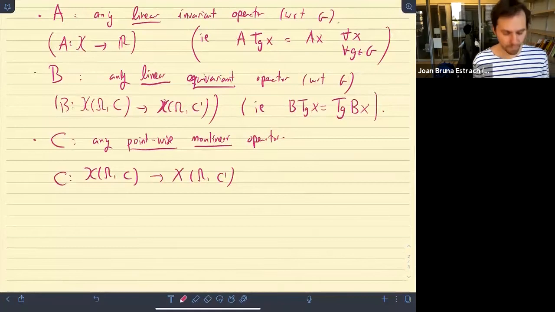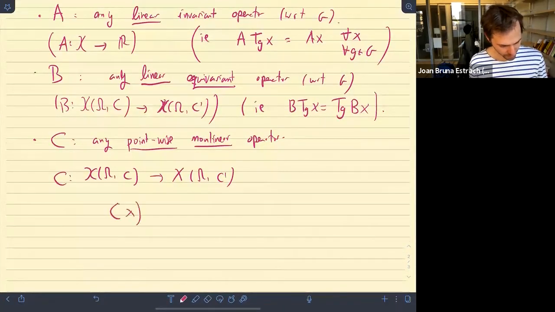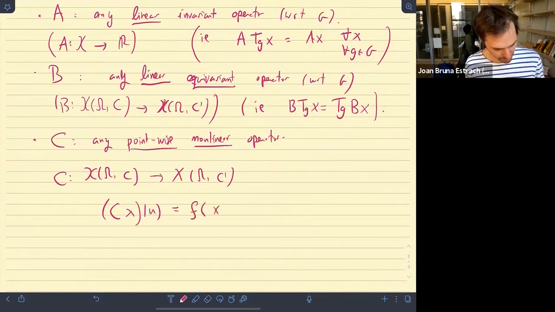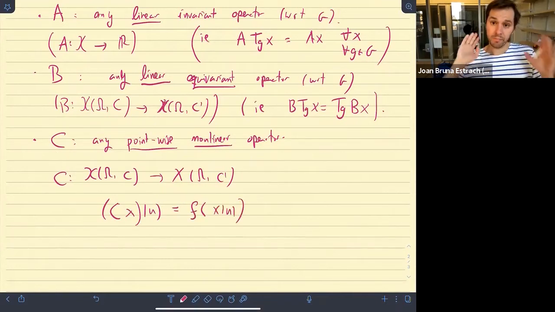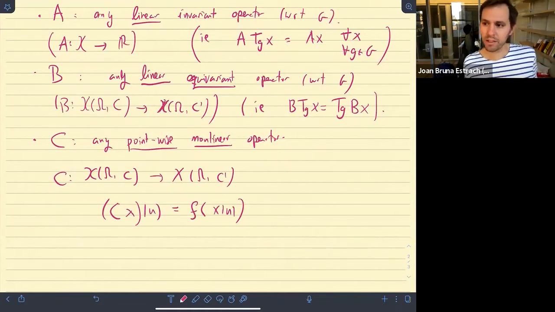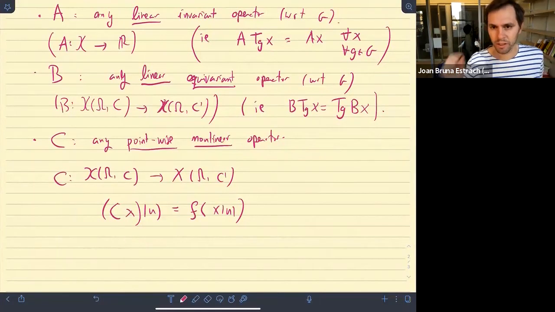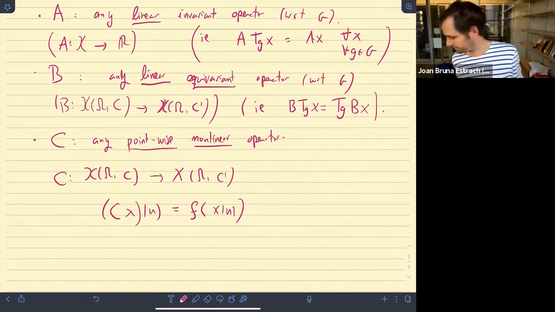And the property is that C of X at pixel u has to be just a function of X of u. So this is a mapping that again maps signals to signals, but with a very strong property that it's basically diagonal. The output at a given coordinate only depends on the input at that coordinate. It can depend in an arbitrary nonlinear way, but that's the condition.